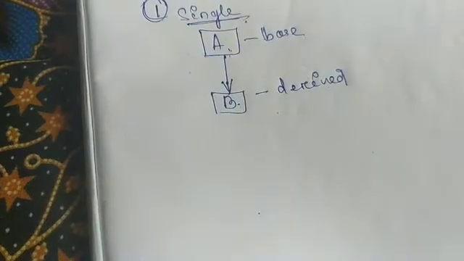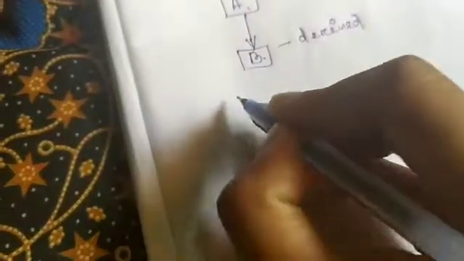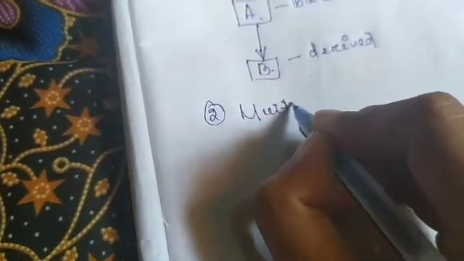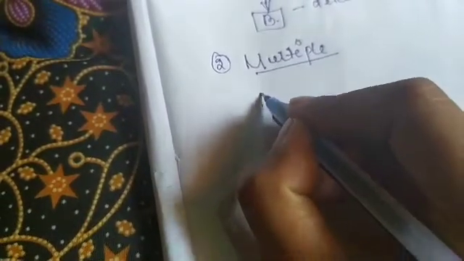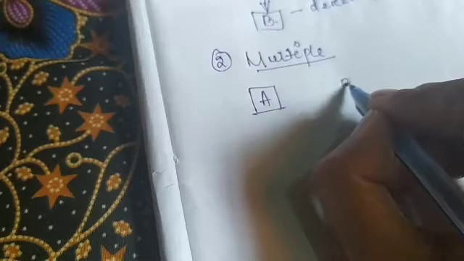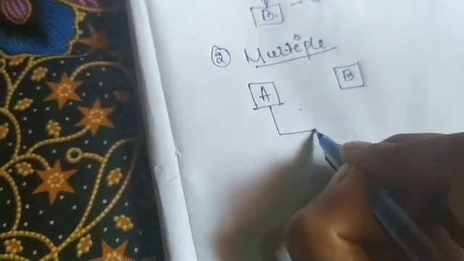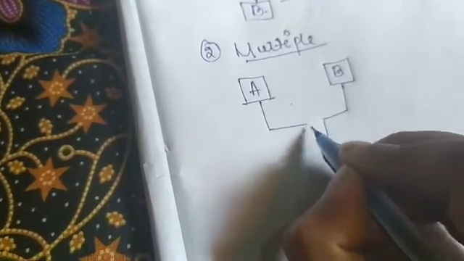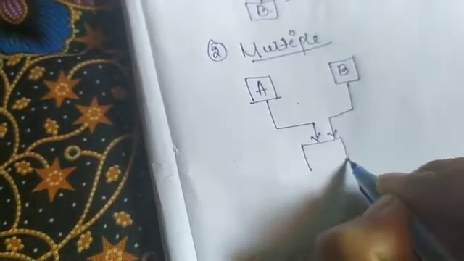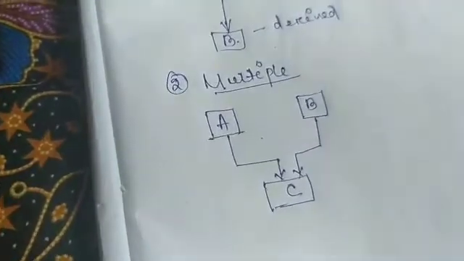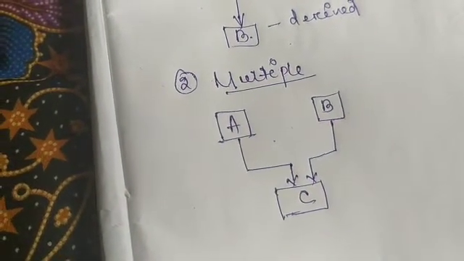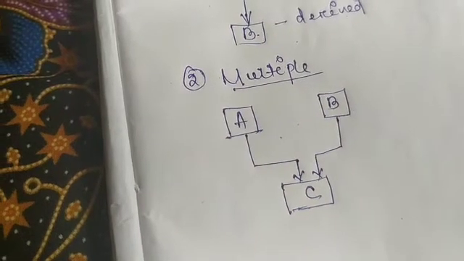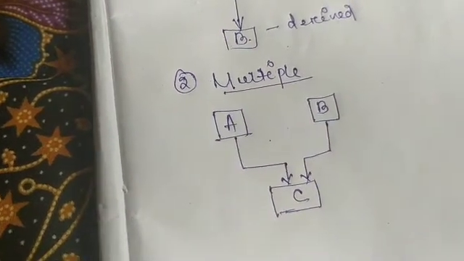The second one is multiple inheritance. Multiple inheritance means, like the picture shows, one child class has more than one base class.